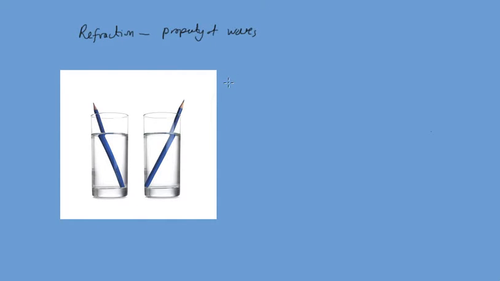So what happens is when a wave crosses a boundary between two mediums, a few things happen.